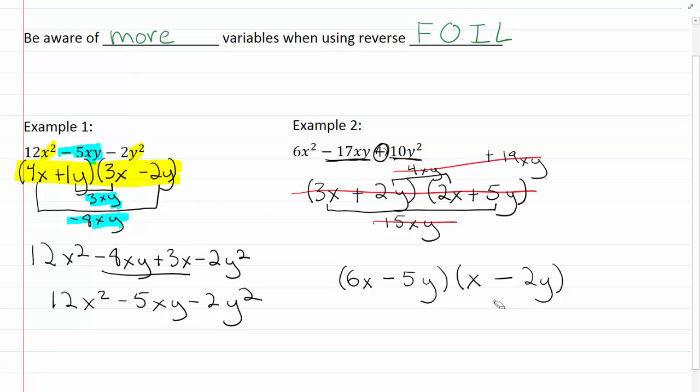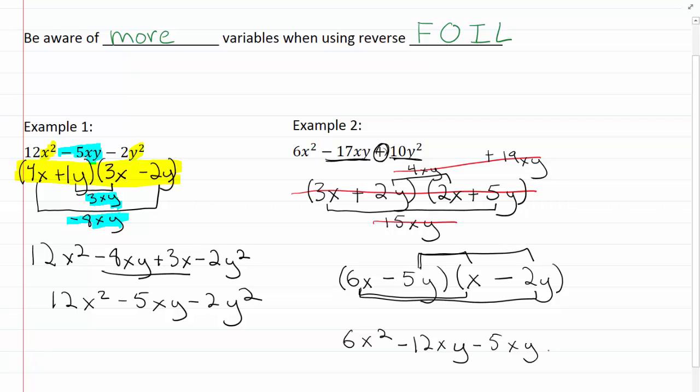So if we multiply together the first terms, which would be these two right here, then we'll come up with 6x squared, and our outside terms will give us minus 12xy. Inside terms will give us minus 5xy, and then our last terms will give us plus 10y squared.